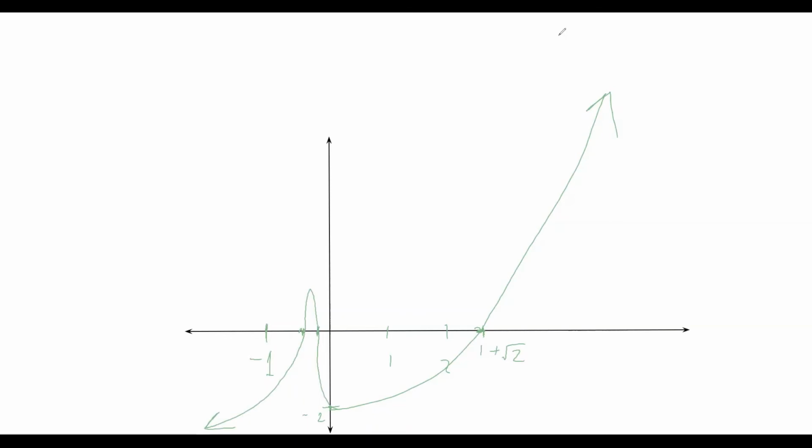So the negative 2/9 was the one back. If I try writing them, they're just going to make a mess. So 1 minus square root of 2 is this zero, and negative 2/9 is that zero. So it crosses at those 3 places.